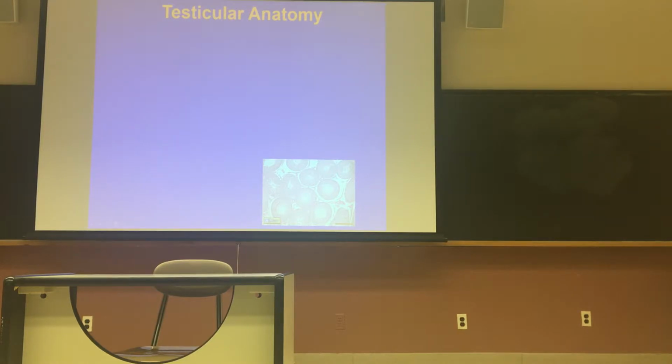This is a cross-section of those seminiferous tubules, and the one thing you'll see is that there are different stages of germ cell development represented in each of these cross-sections. We'll go through that in a minute. What you will notice is near the outside rim of these seminiferous tubules, there are dark stained cells.